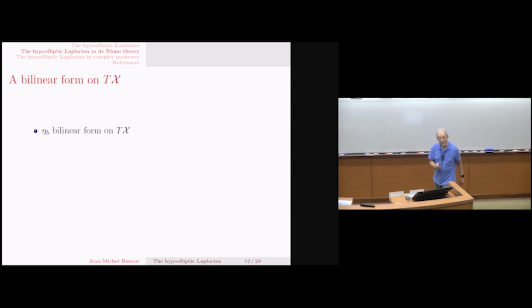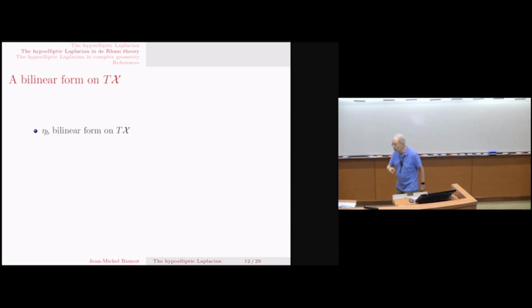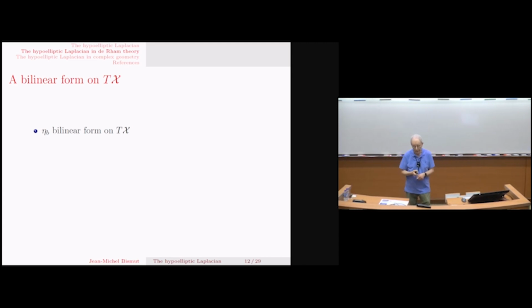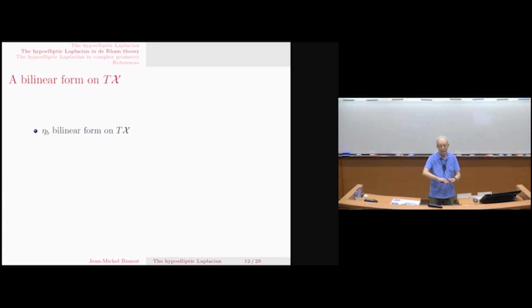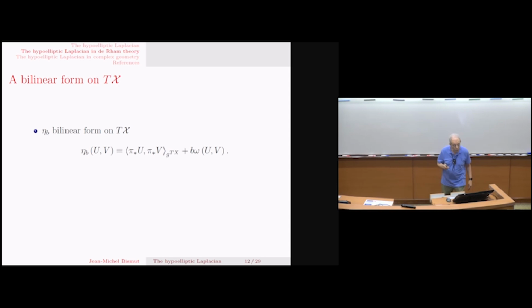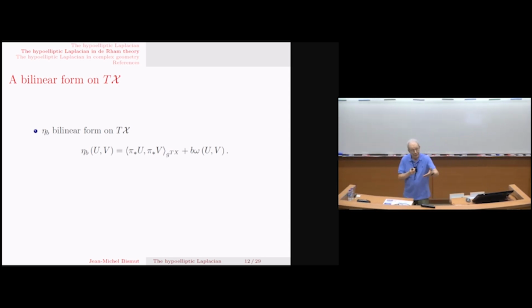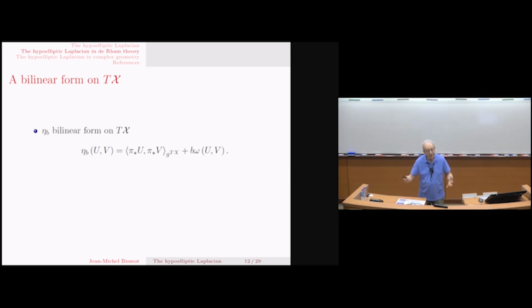I will construct η_B, a bilinear form on the tangent bundle to the space script X. I had originally the metric, which was a bilinear form on the base. I had the symplectic form, which is a bilinear form on the total space of the cotangent bundle, and I will build another bilinear form on the tangent bundle. How shall we do that? We will simply interpolate between the scalar product and the symplectic form.